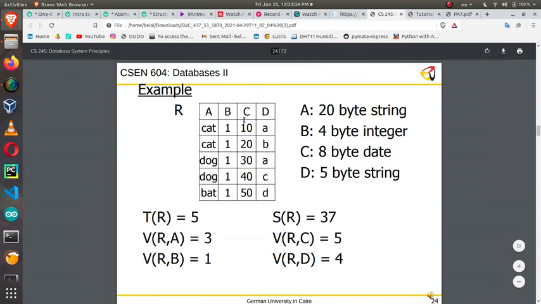And in column C we have 5 distinct values: 10, 20, 30, 40, 50, and in column D we have 4 distinct values: A, B, C, D. Given the unit size for each column, by adding all of these values together, we get the total size in bytes for each tuple inside table R.